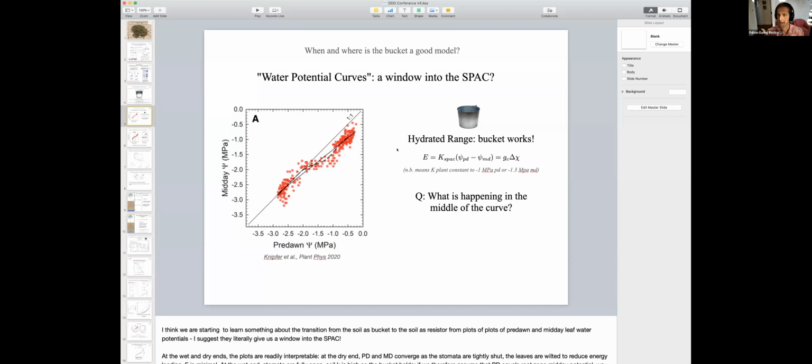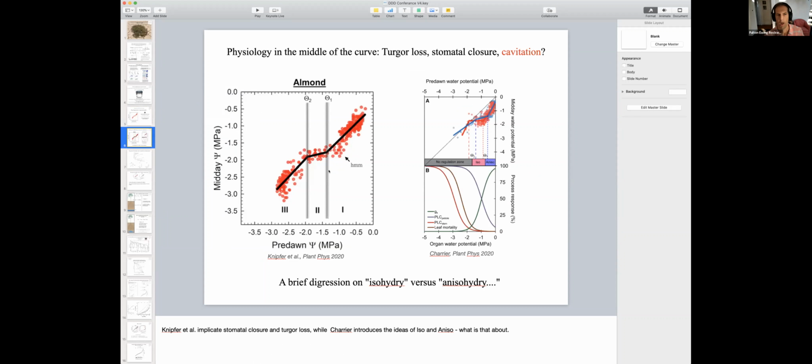And here we're assuming that pre-dawn water potential is telling us the root zone water potential at midday. So that assumption, and this constant conductance through the whole SPAC, works really well up here. This is in almond trees, up until about a megapascal of tension. And then everything gets weird. So what's happening here?